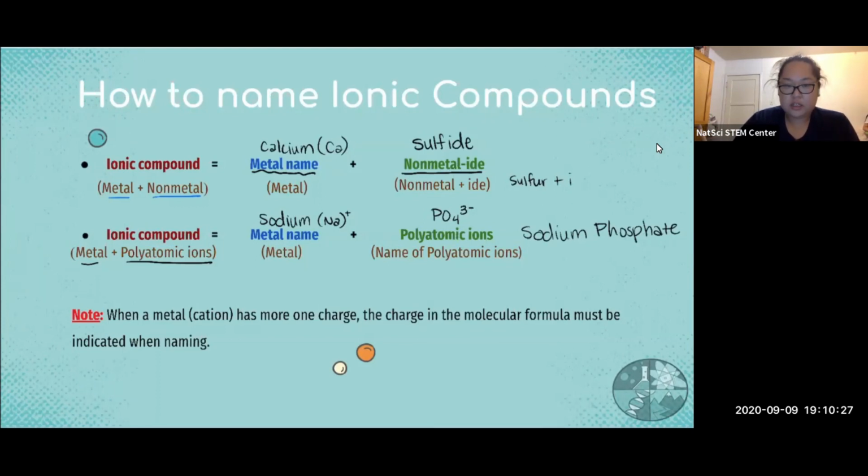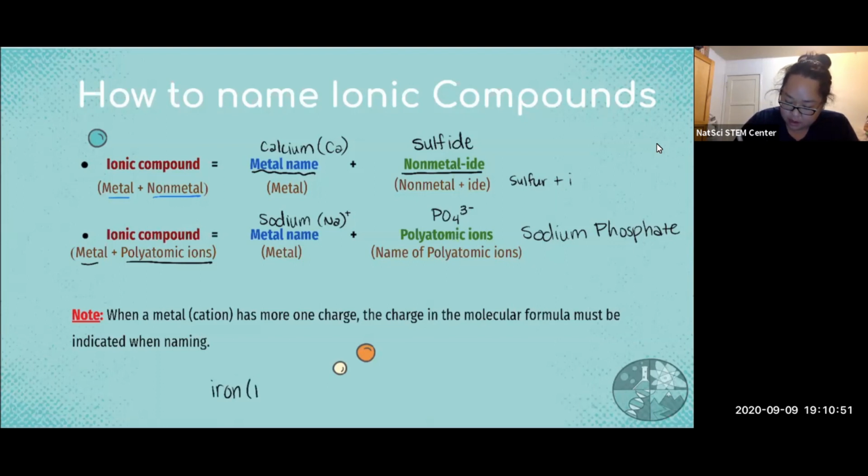Something you want to note is that when a metal cation has more than one charge, the charge must be indicated. So, for example, you can have iron 2 plus.